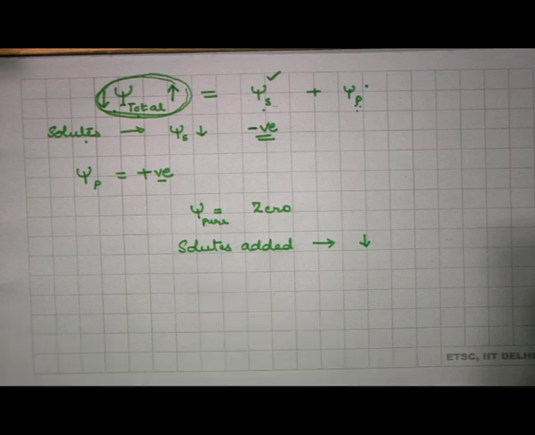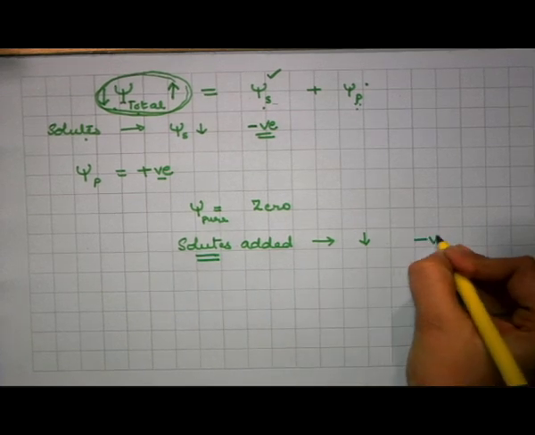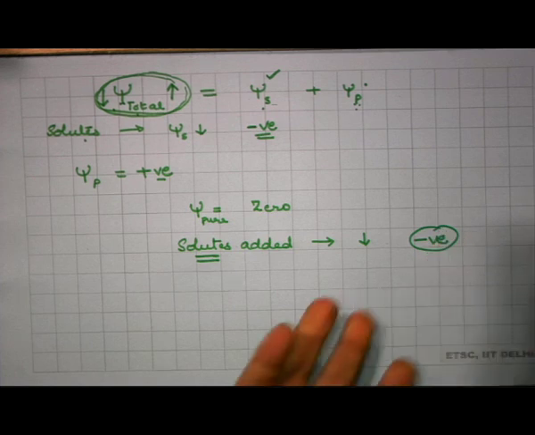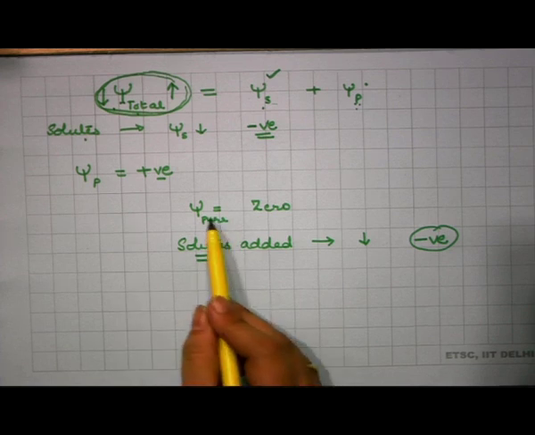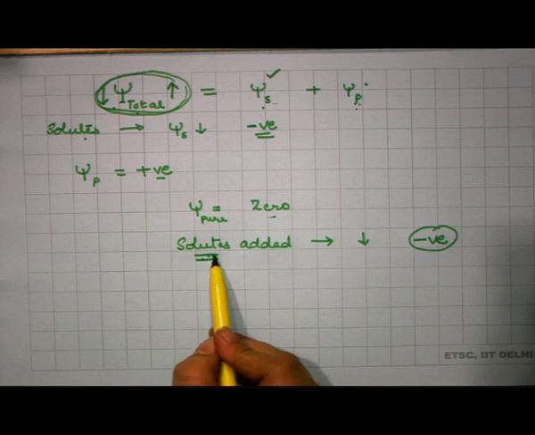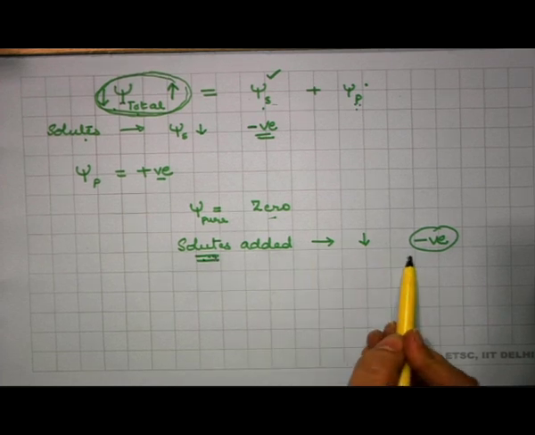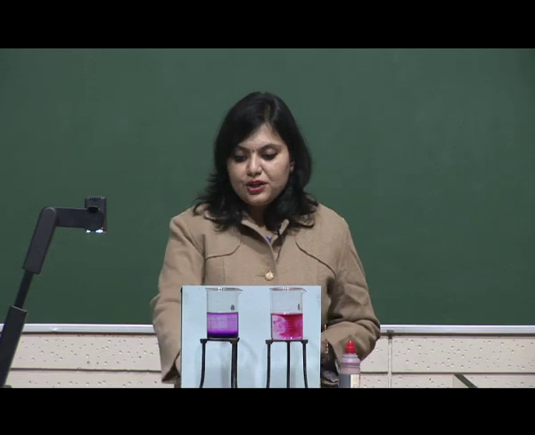That means the water potential of a solution with solutes will always be negative, less than 0. So, water potential of pure water is 0, and whenever the solution is there, that means solutes are present, the water potential will have a negative value. This was about the water potential.